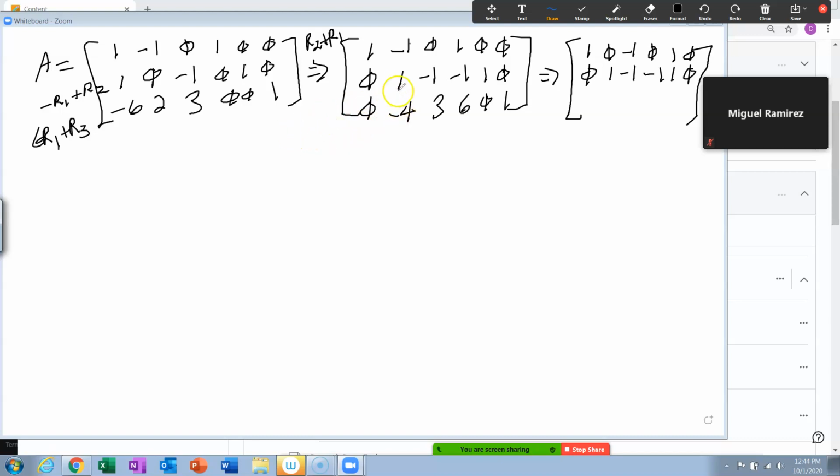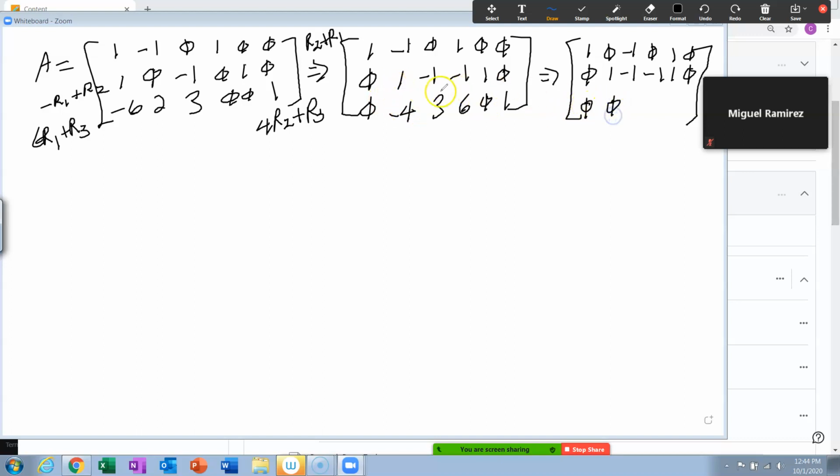All right, down here we're going to take the row with the leading 1. That's row 2. 4 times row 2 plus row 3. So that will be 4 times 0 is 0 plus 0 is 0. Good, we didn't want that to change. 4 times 1 is 4 plus a minus 4 is a 0.